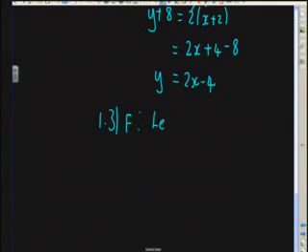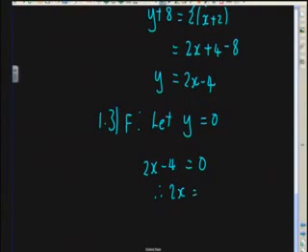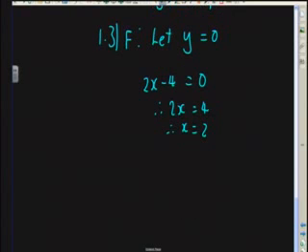So we say let y equal 0. So we'll get 2x minus 4 is equal to 0. Therefore, 2x is equal to 4. And therefore, x is equal to 2. And guys, if they want you to find a point, you should always write it as a set of coordinates.